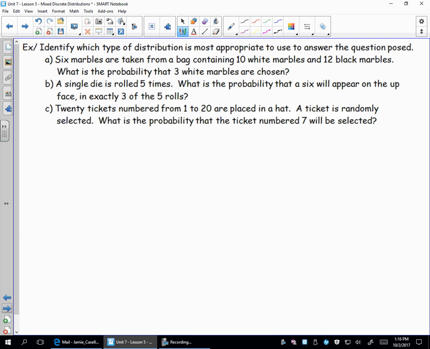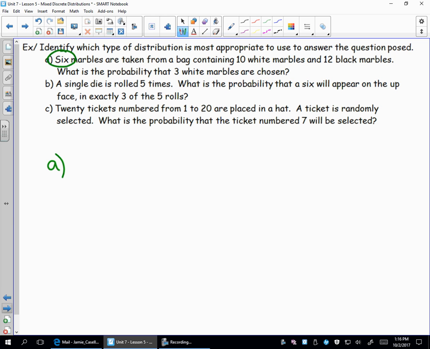I'm going to do some examples today. Let's try to identify the type of distribution we'll be looking at. 6 marbles are taken from a bag containing 10 white marbles and 12 black marbles. What is the probability that 3 white marbles are chosen? I don't want to do any math, I just want to talk about the type. I have a select group of items, and I'm taking out 6.